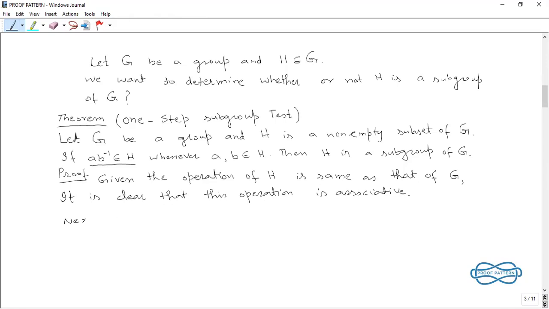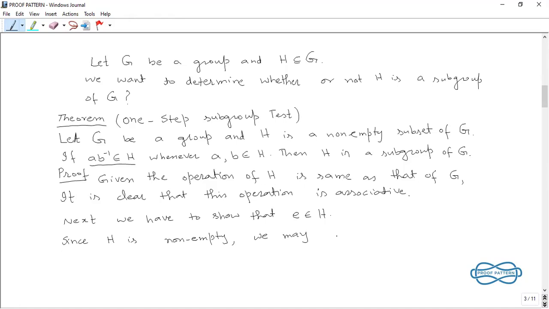Next, we have to show that the identity element belongs to H. Since H is non-empty, there must exist at least one element.